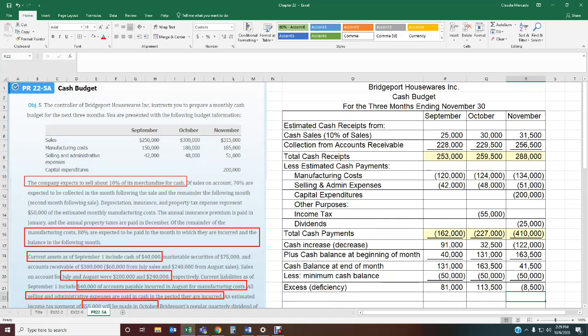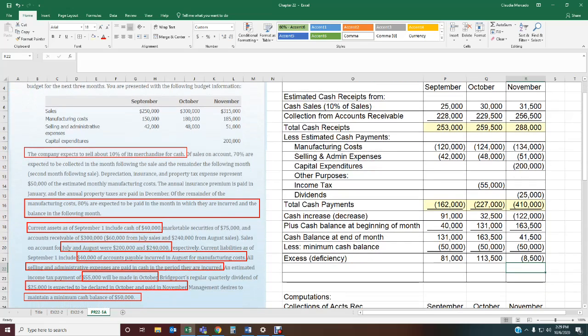So this is my cash budget. It breaks it down by your cash receipts and then all of your cash payments, and then we're able to balance down here, set up a reserve. The reserve here is $50,000, and then figure out, am I going to be able to have whatever it is that we are being required by management to have. We're being required by management to have $50,000.